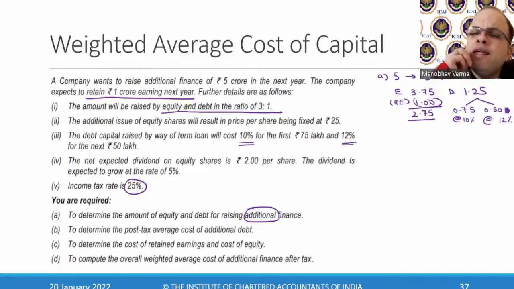So 3.75 and 1.25 goes to equity and debt. Equity, they have given us that you are taking 1 crore from retained earnings, so 2.75. Debt, there are two parts given to us, 75 lakhs and 50 lakhs from point number 3. I hope everyone is with me on this side.